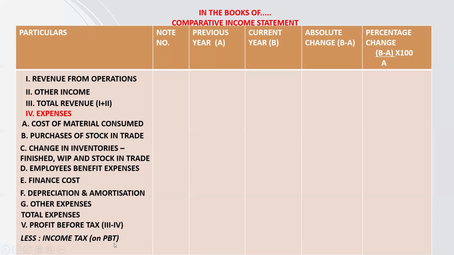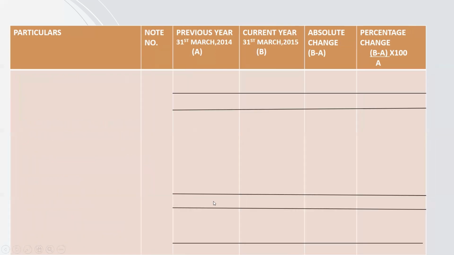When we calculate this tax, we will get profit after tax. I hope it is clear. The format is clear. Rest, I think the questions are the same as the way we did for the balance sheet. But yes, you have to learn the format first.